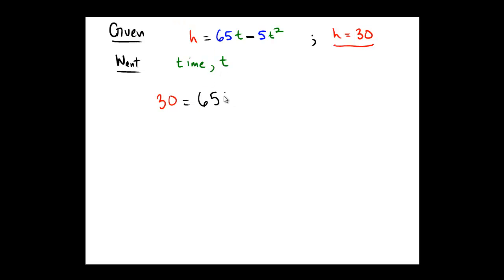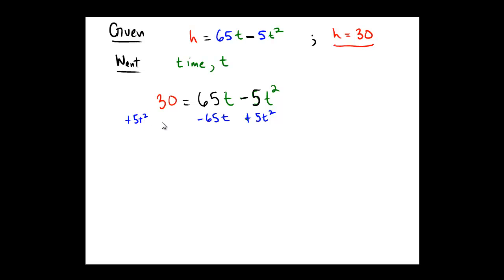65t minus 5t squared. And now the goal is to try to figure out what t is. So as a first initial step, I'm going to move by the addition property. I'm going to add 5t squared and subtract 65t from both sides of the equation.